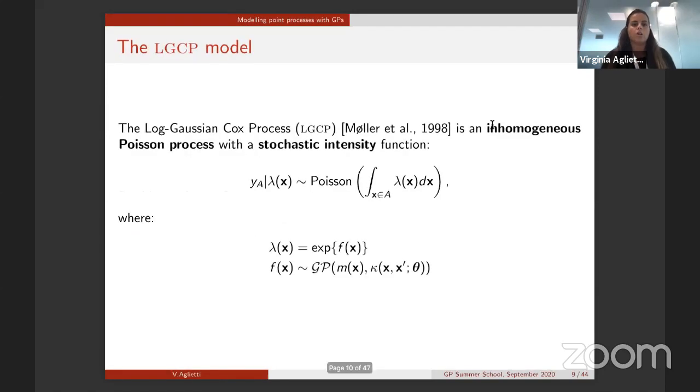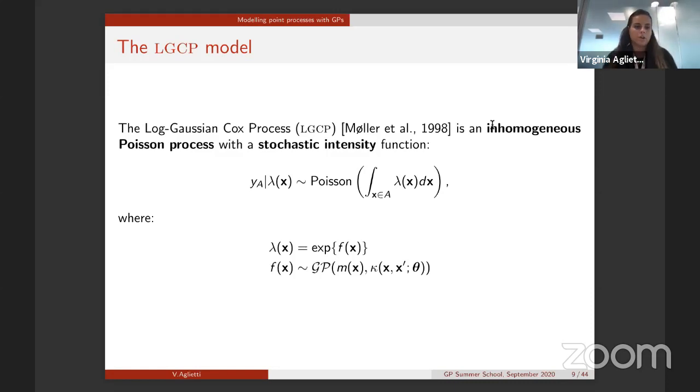A common choice to model this intensity function is to use GPs, Gaussian processes. The log Gaussian Cox process model, which is a very common model used for point process data, assumes that the intensity function is the exponential transformation of a Gaussian process.